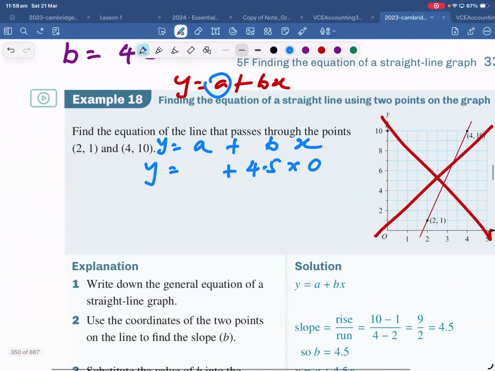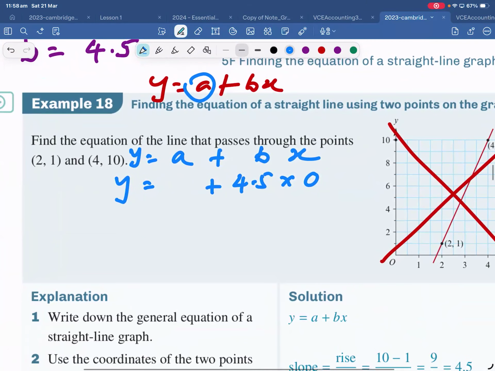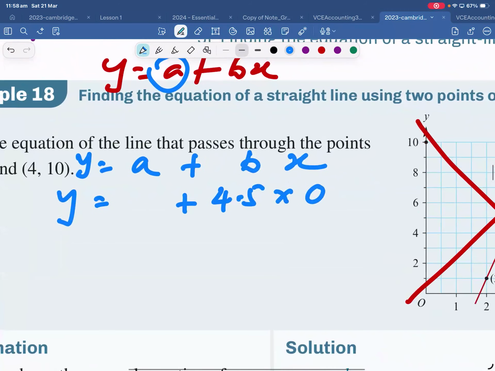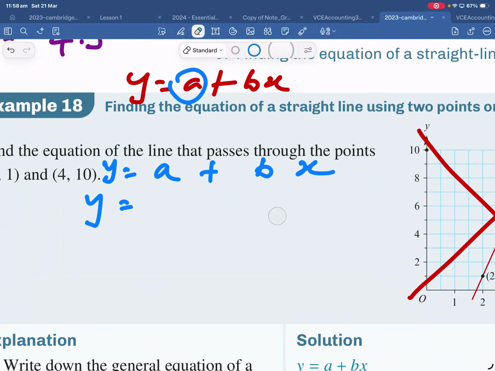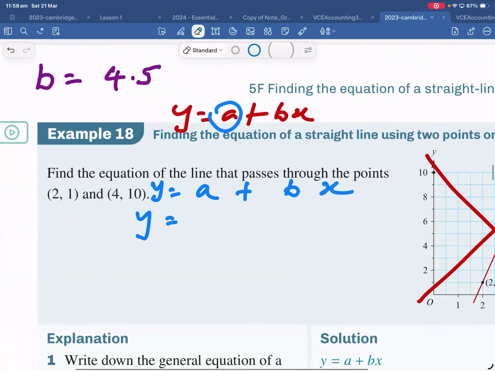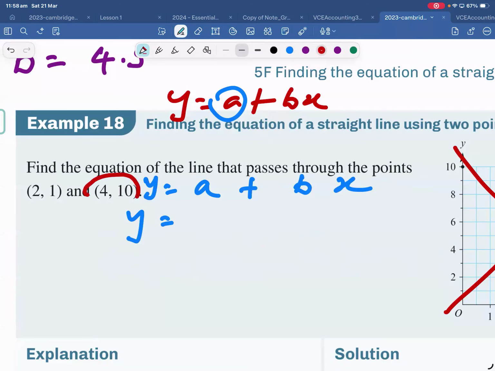So what we can do is, before we substitute this one, we have to equate any point. Let's say I would pick this point. At this point, we can find what it is equal to.